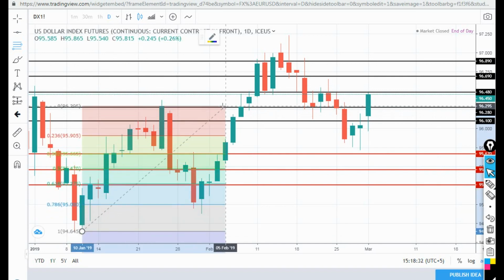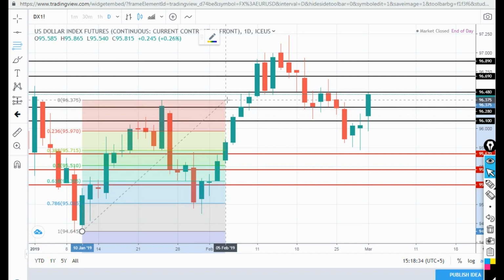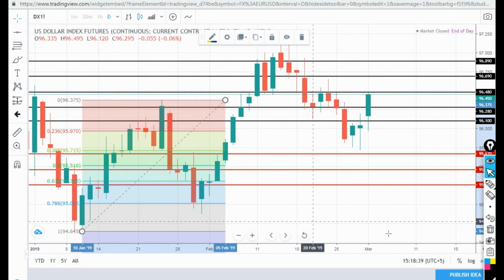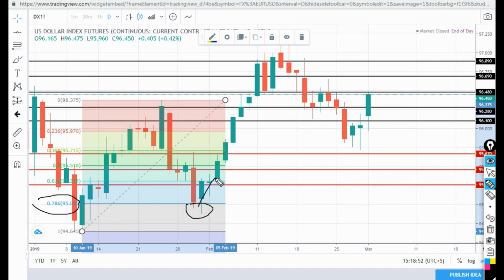And if we see that the market retraced a maximum to 0.786, okay, now you see this, the market comes over a maximum to this area and then goes up. So it's the total retracement of 78.6 and it's a perfect retracement of the second correction according to Elliott wave.